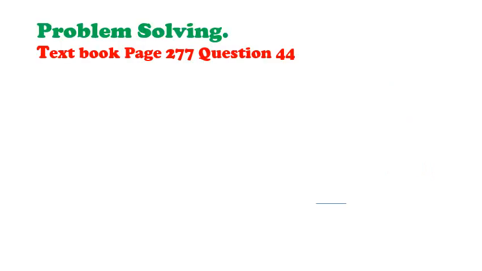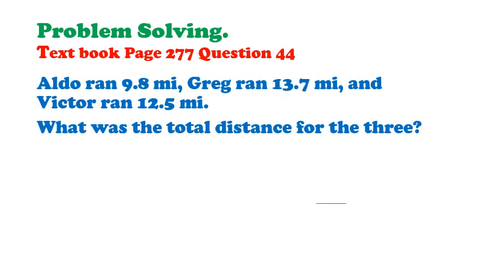I have a problem solving from your textbook, page 277, question 44. Let's look at the problem solving. Aldo ran 9.8 miles. Greg ran 13.7 miles. And Victor ran 12.5 miles.